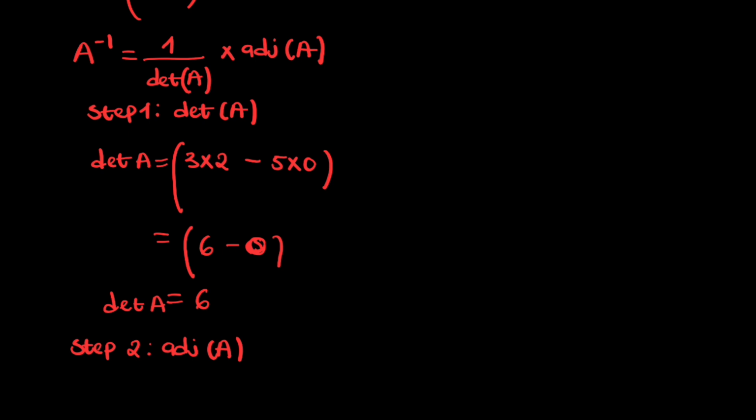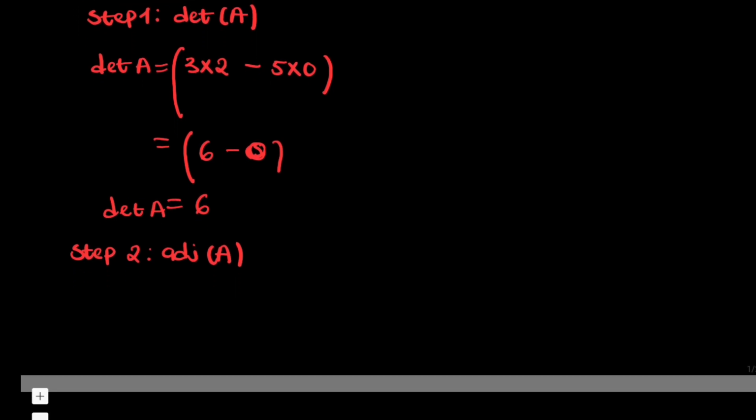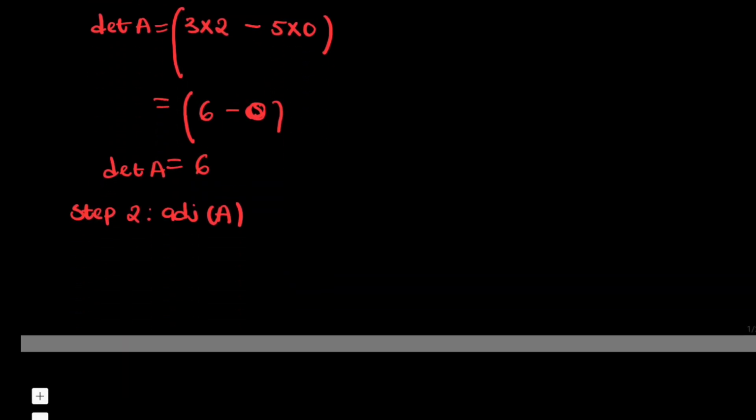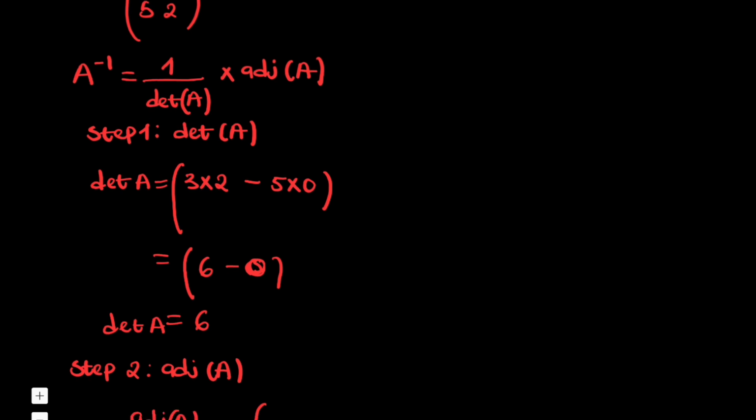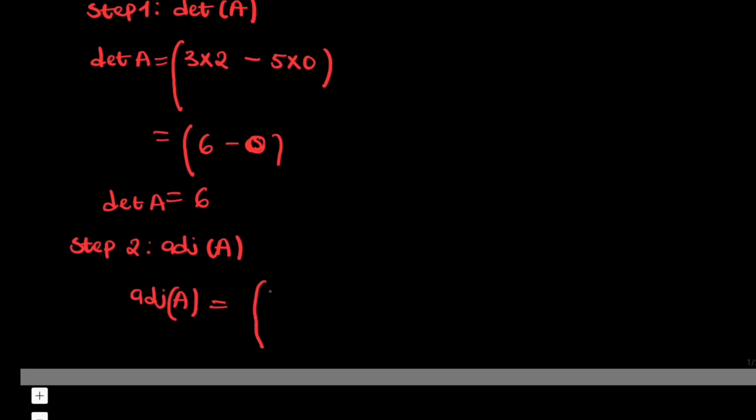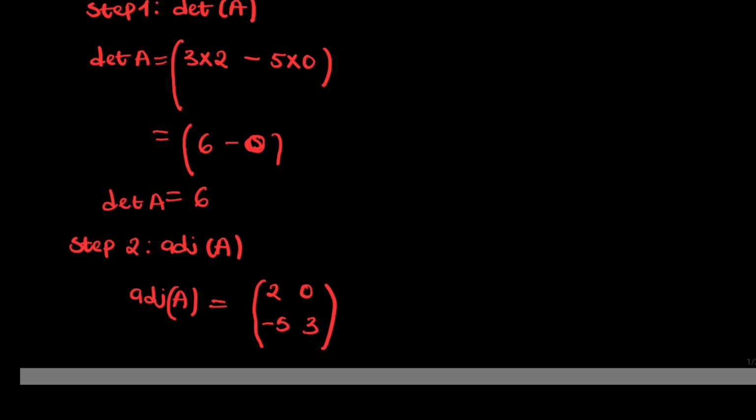So if we do that, the adjoint of A is: we switch 3 and 2, so it becomes 2 and 3, and then up here we have 0 and here we have minus 5. That is the adjoint of the matrix.